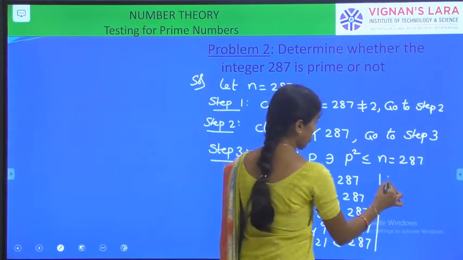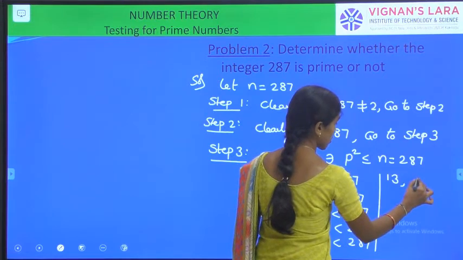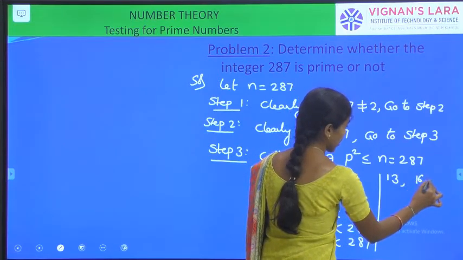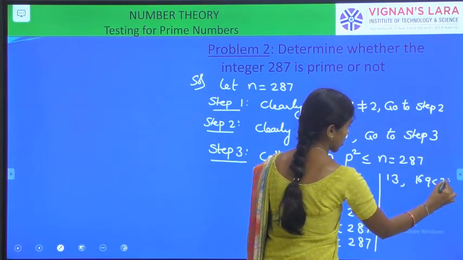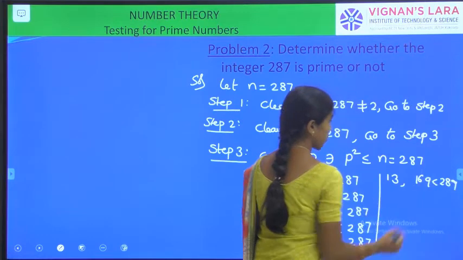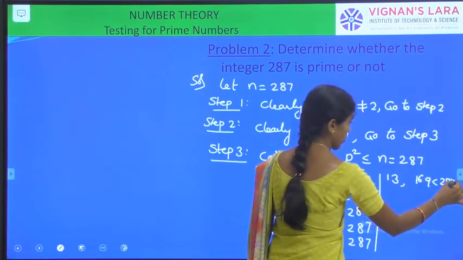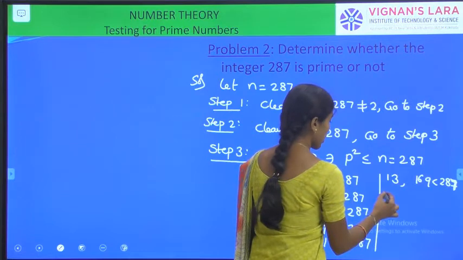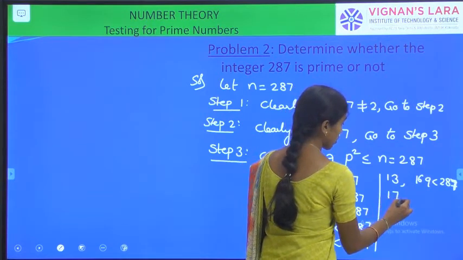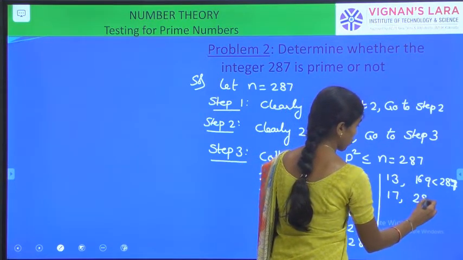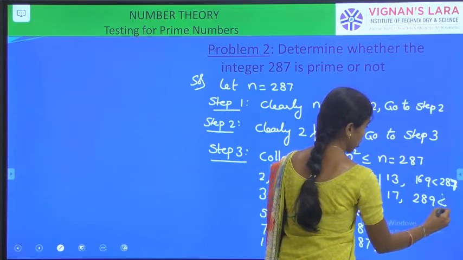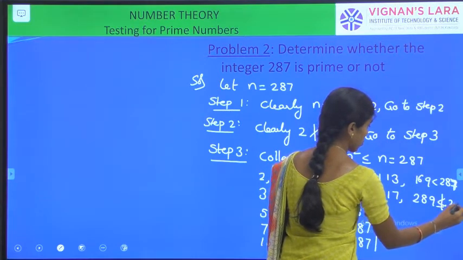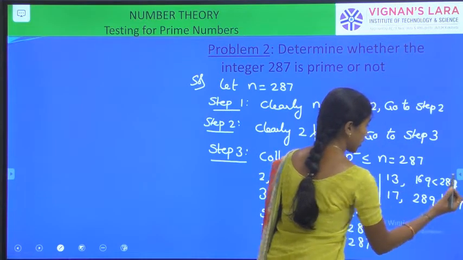Next prime number is 13. 13 square is 169, less than 287, right? Next prime number is 17. 17 square, 289, is not less than or equal to 287.